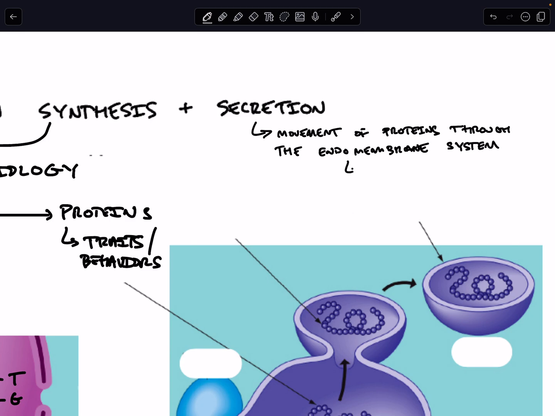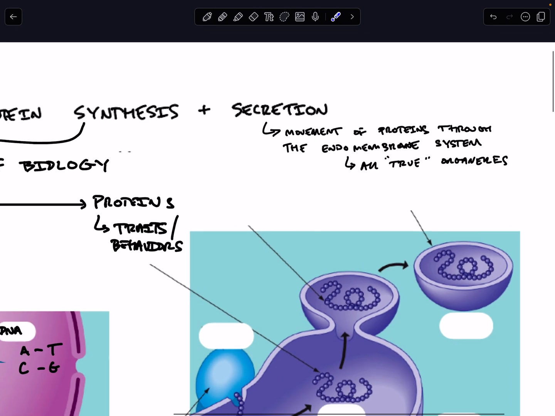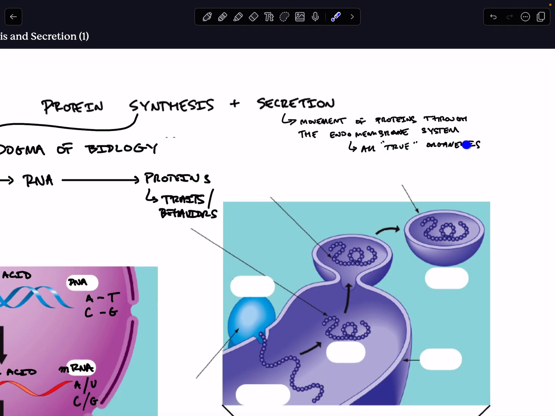And the endomembrane system is all the true organelles. True organelles, hopefully you remember from class, are organelles that contain or are made up of a phospholipid bilayer.